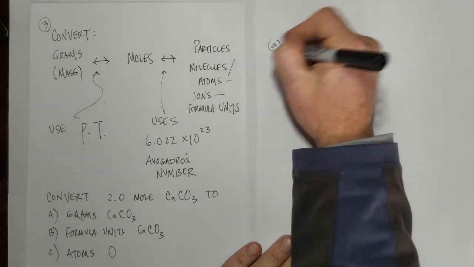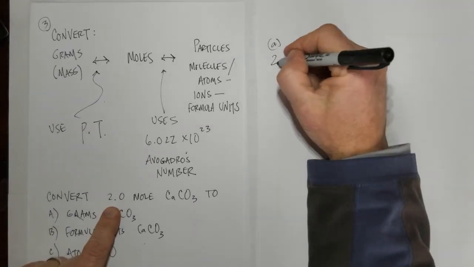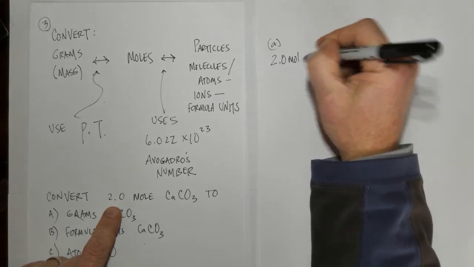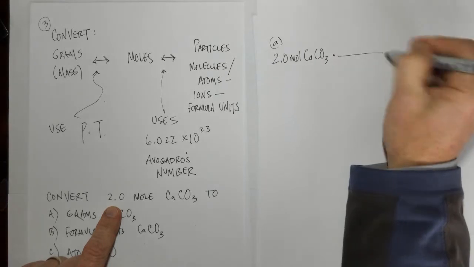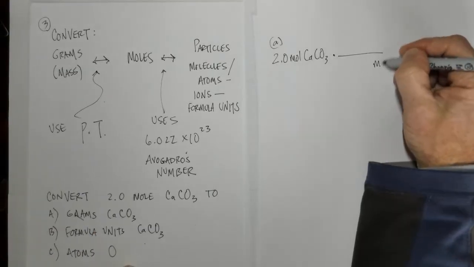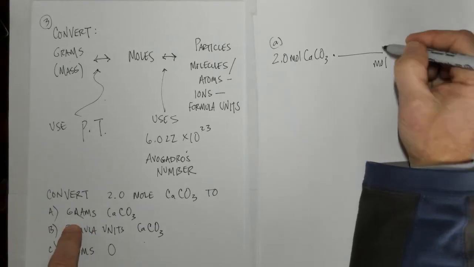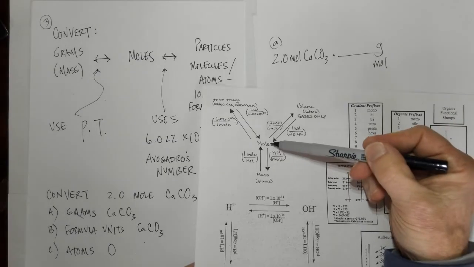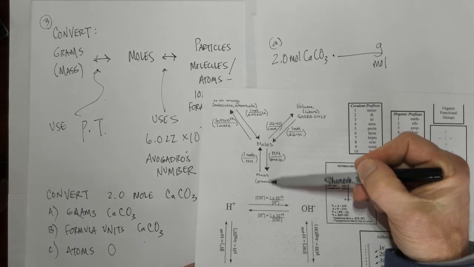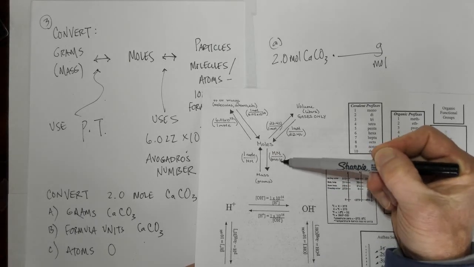So letter A, first we have 2 moles, so write down 2 mole calcium carbonate. Start way on the left-hand side, leave lots of room, put a multiply sign, put a line, put mole in the position where it's going to cancel, put gram as your new set of units. You can look on here if you're not sure how to do it. To go from mole to grams, you put molar mass on the top and grams on the bottom.